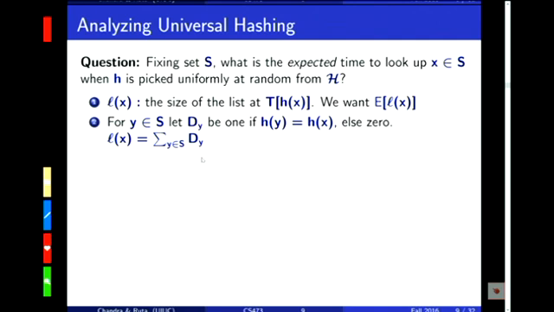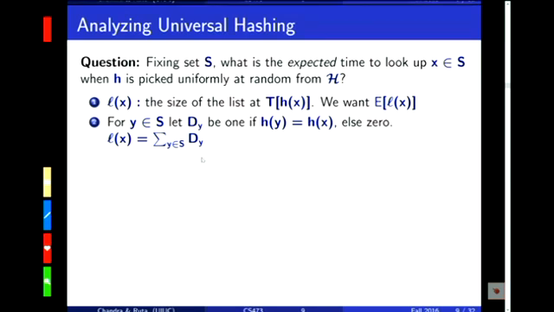This point is clear, why L of x is a random variable? Because this position h of x is fixed only after you fix h, right? And then you are asking, once you fix h, how many elements map to the same position as x's position? Okay, as you change h, this number is going to change. So this is a random variable.